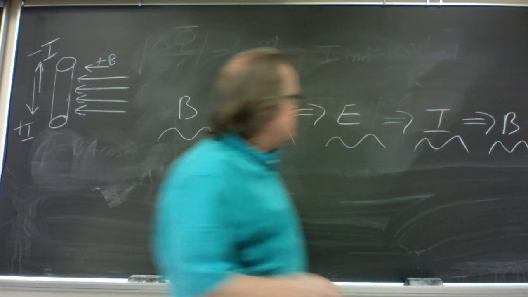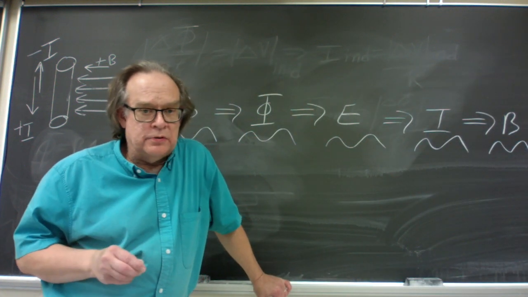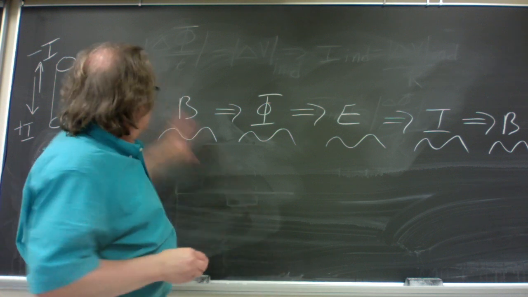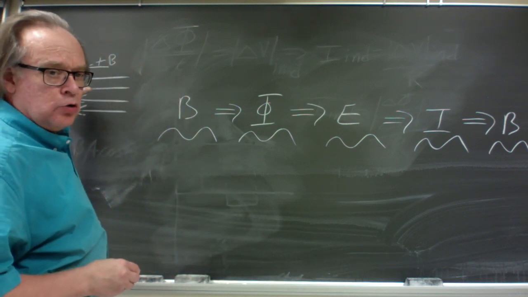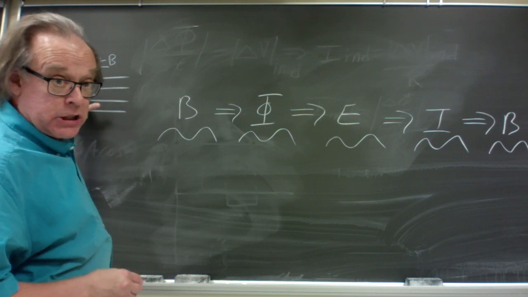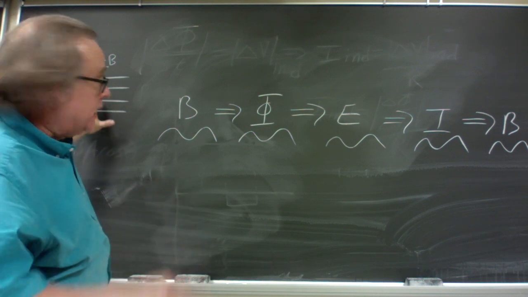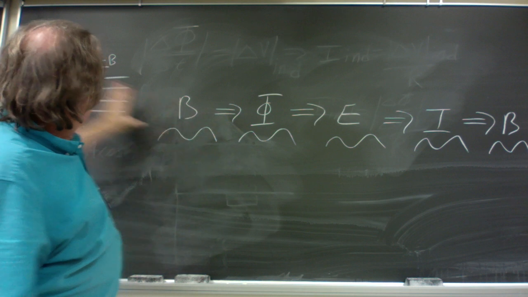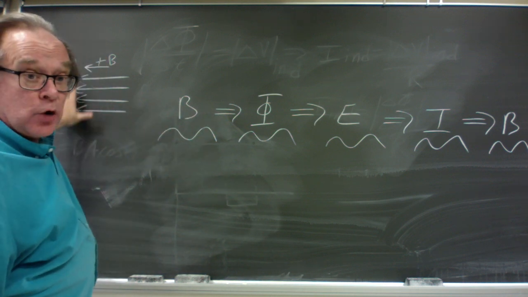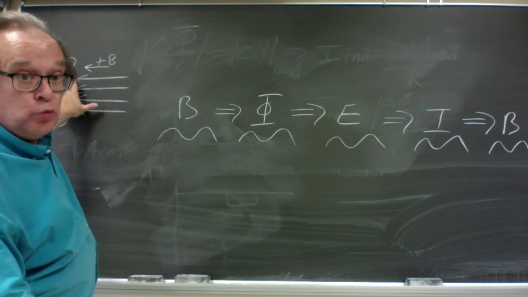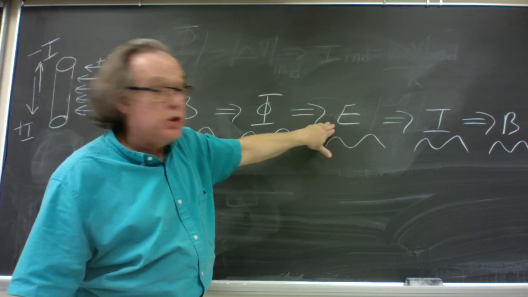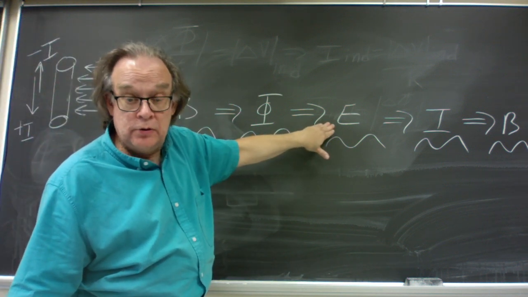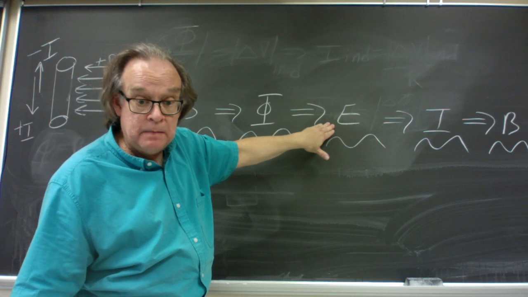But here's the important thing. In this area here, whether we have a loop there or not, either way, changing flux through that area creates an electric field. Either way.